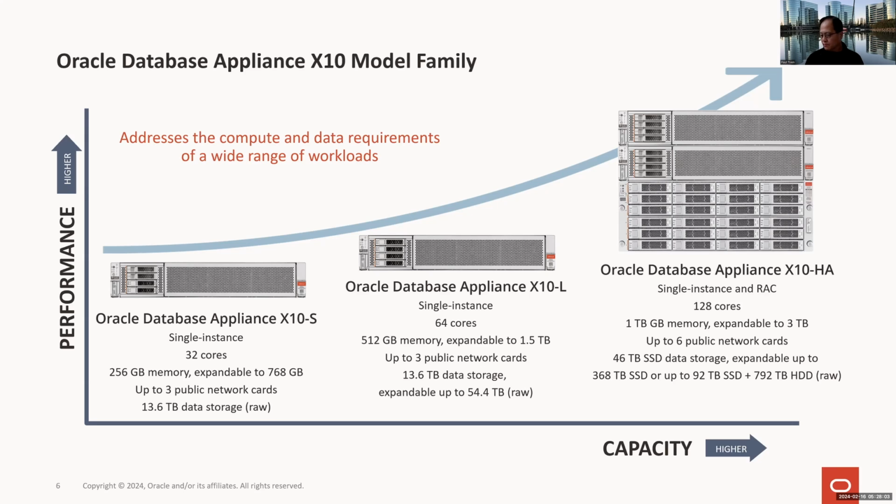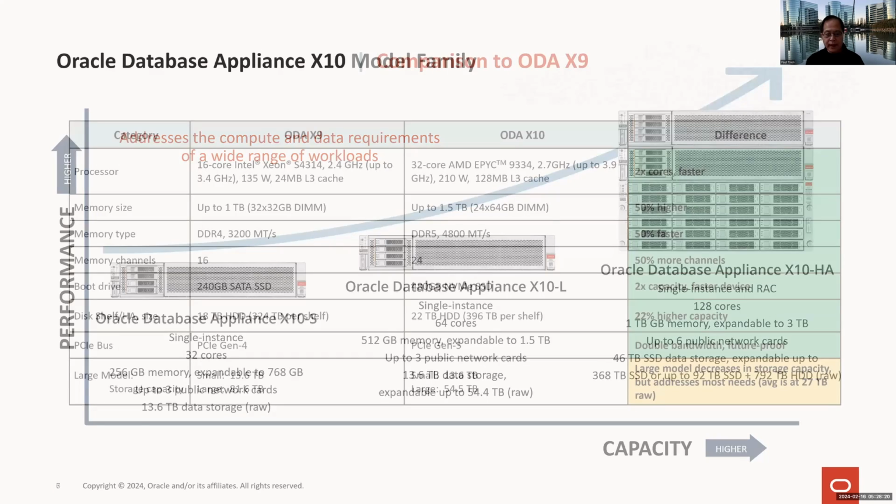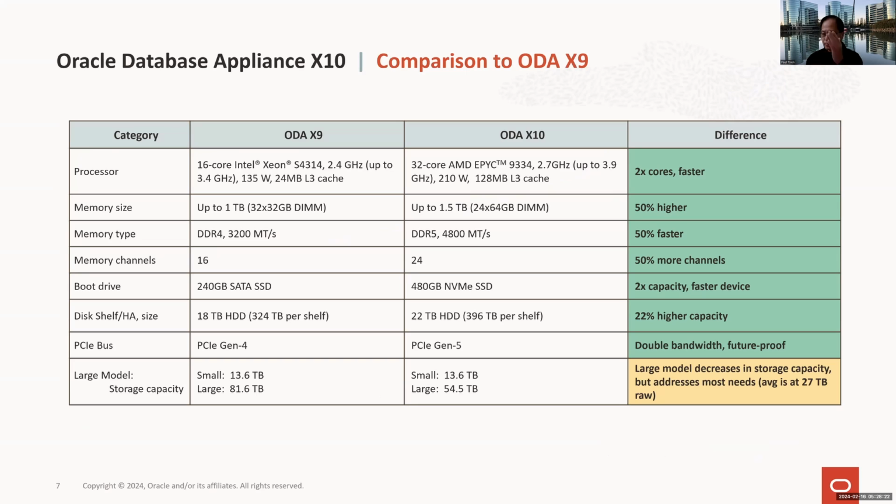Almost up to 792 terabytes of HDDs, or 368 terabytes of SSDs, for much better performance. So that's the current portfolio of the database appliance. And again, just to summarize, more of everything, faster, better performance, and so forth, okay?